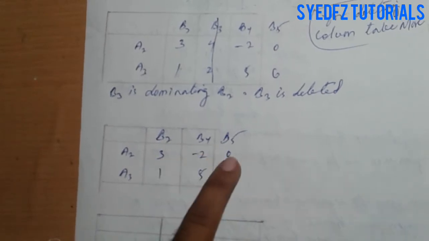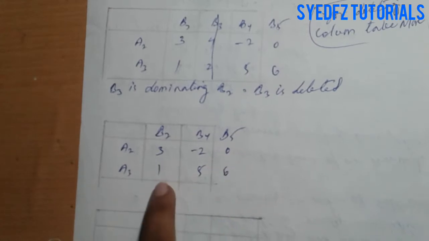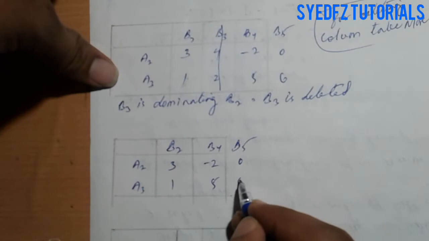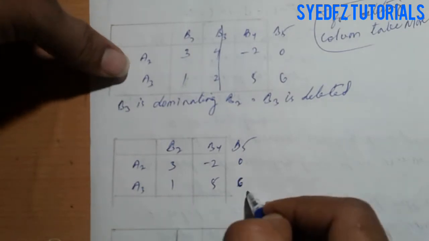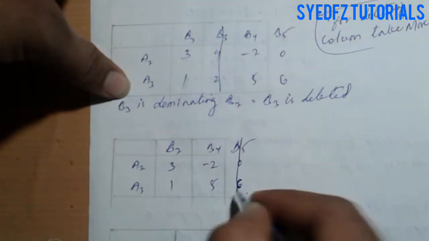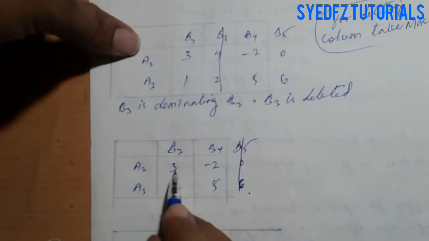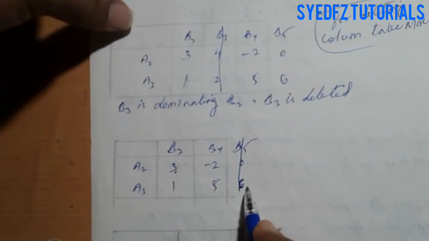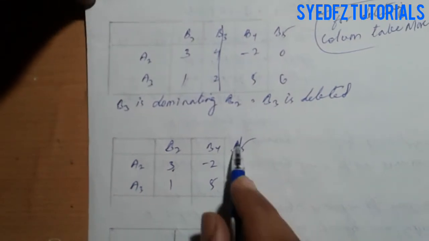So 3 is greater than this one, but 6 is greater than 1, so the highest value is 6, the max value. The first is highest in B2 but the second is highest in B5, and this is the largest, so delete this one.